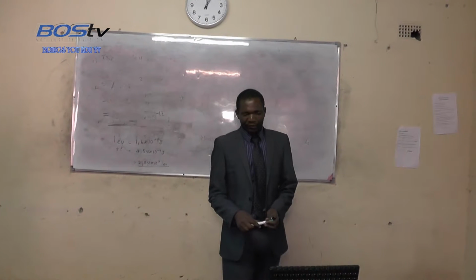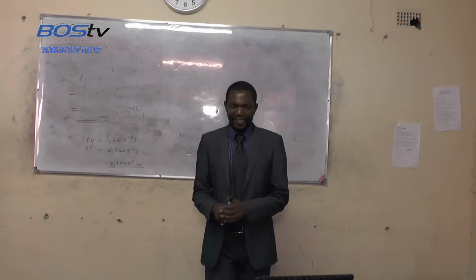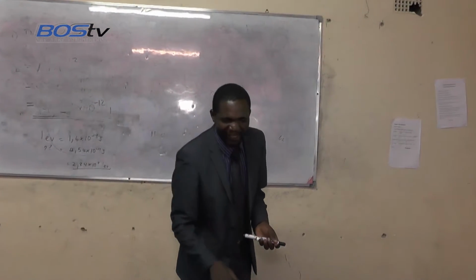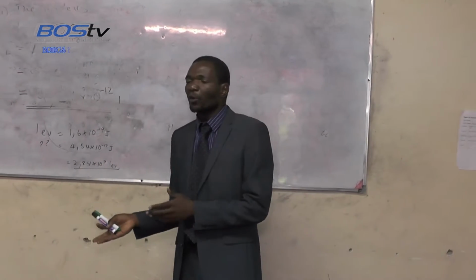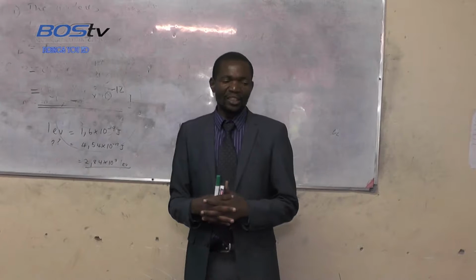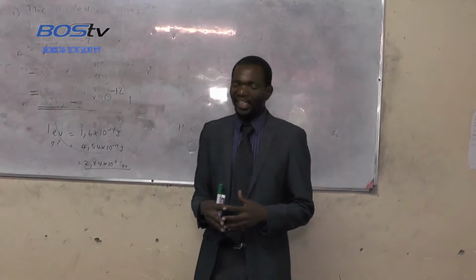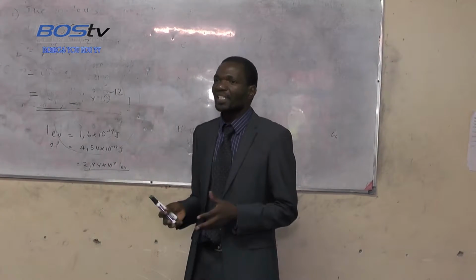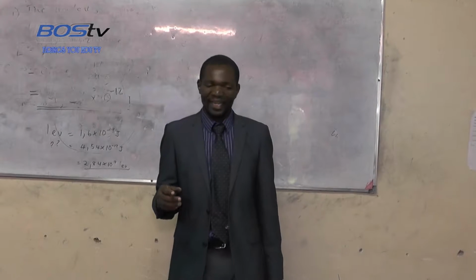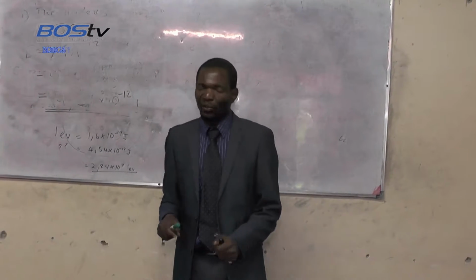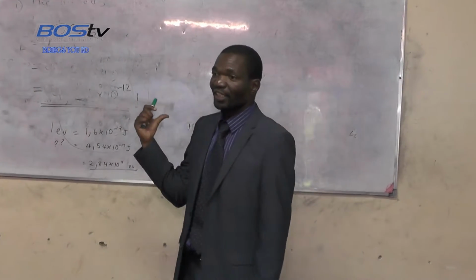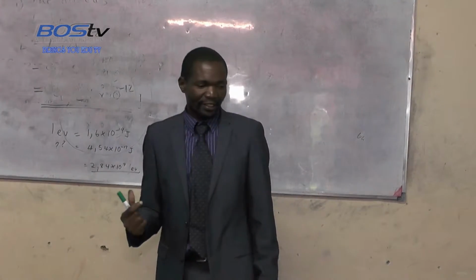Let's move on. Like I said, when we are separating, we need energy equivalent to binding energy. The same goes when we are combining nucleons together. The energy which is going to be released is equal to binding energy. So the binding energy is the equivalent of the mass defect as we referred to earlier.